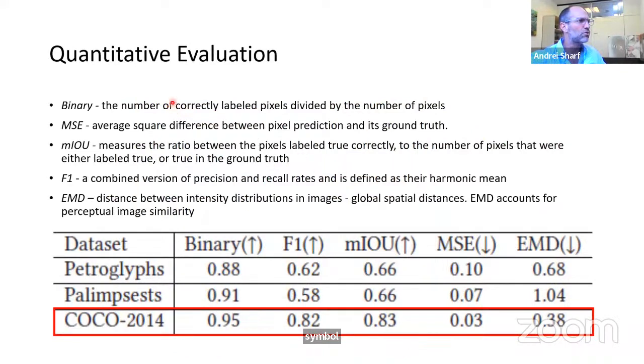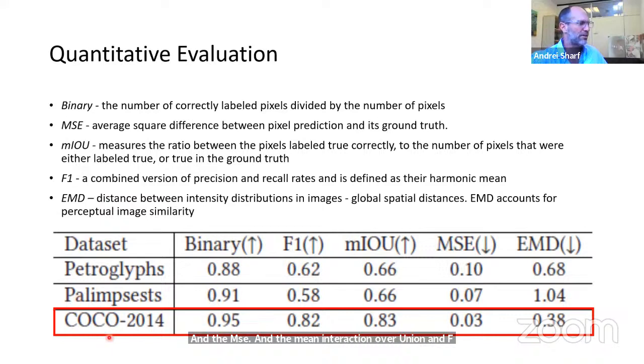We try to evaluate also quantitatively the results. So we look at several metrics, binary and the MSE and the mean intersection over union and F1 and the earth moving distance.